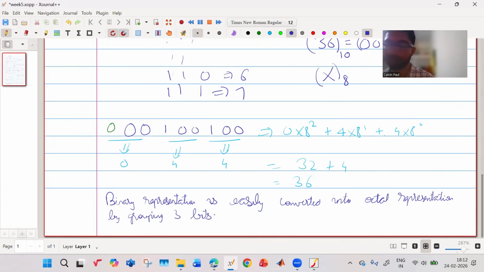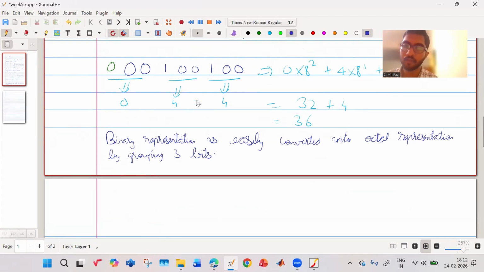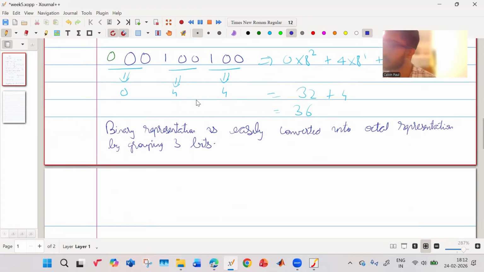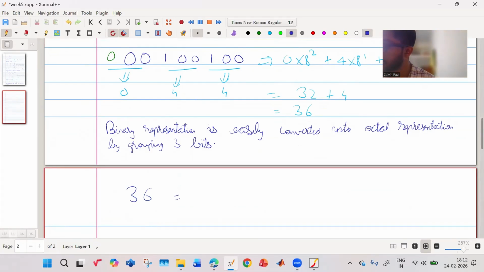Okay, by grouping 3 bits. So this is the power of octal. So the octal form of 36 is 044. This is the octal representation of 36.